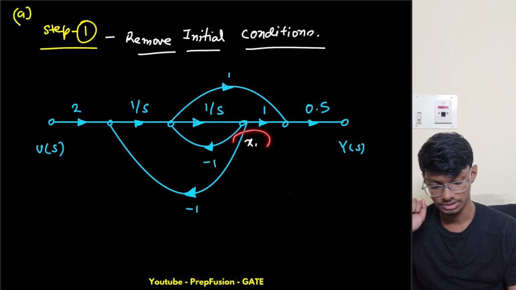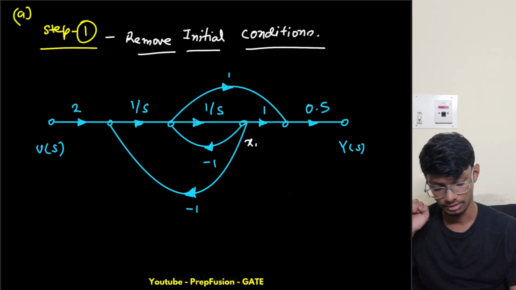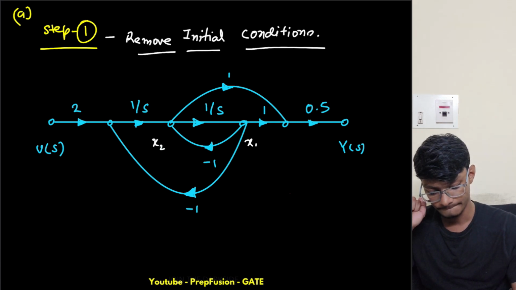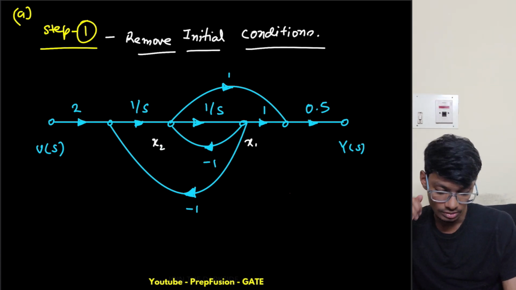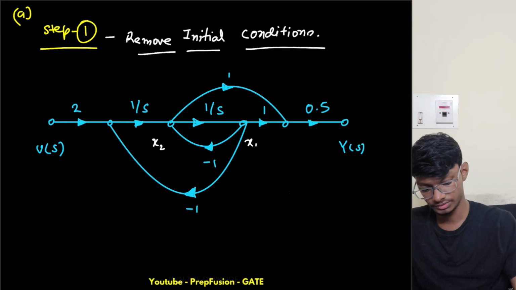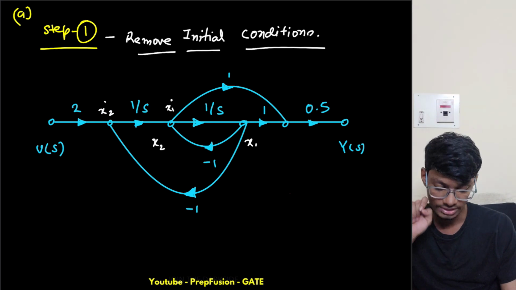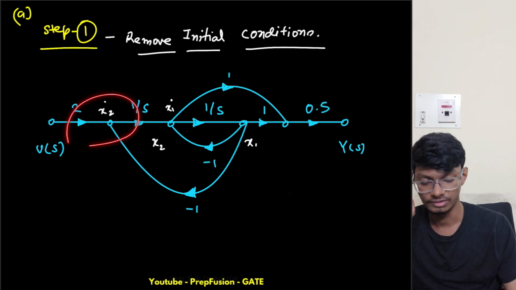This is x1, and just before the one by s, this will be simply x1 dot, or you can say x2. This will be my x1 dot, and this will be my x2 dot also. I don't need to choose another x3 variable, but I have to choose an x3 variable because this may have multiple forward paths.